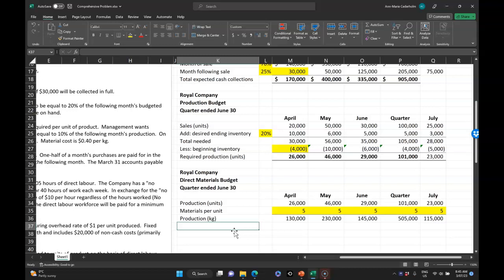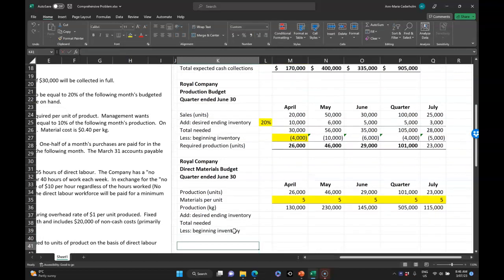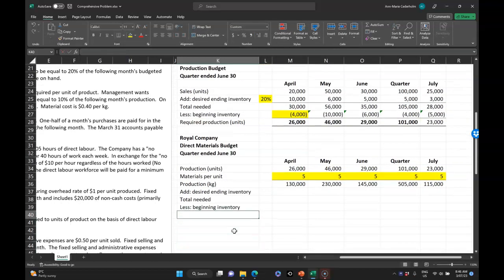So we're going to also estimate our desired ending inventory needs as well. So I'm going to add my desired ending inventory, and then that will tell me how much I need in kilograms. And then I'll subtract out my beginning inventory, and that will tell me how much materials I need to purchase in kilograms.